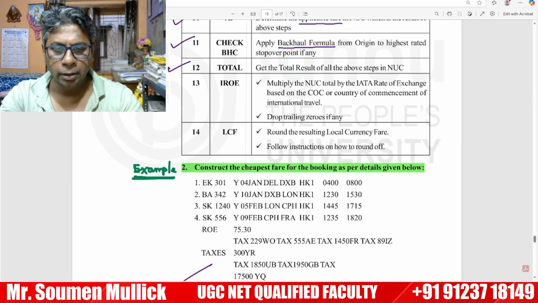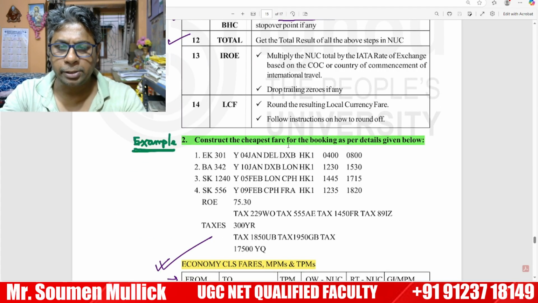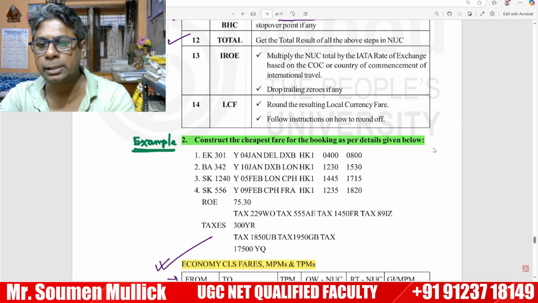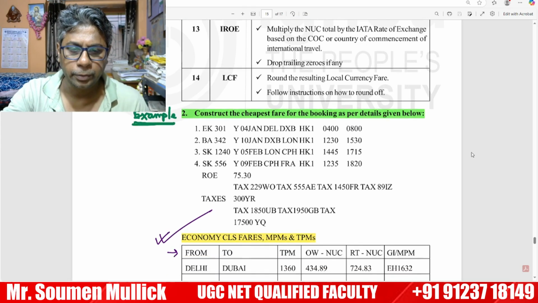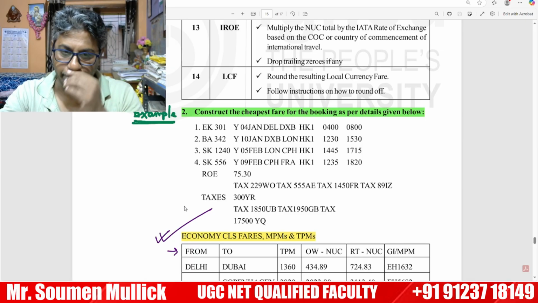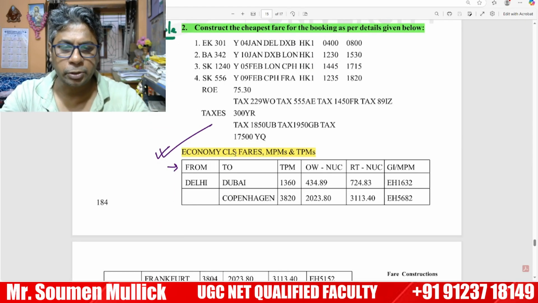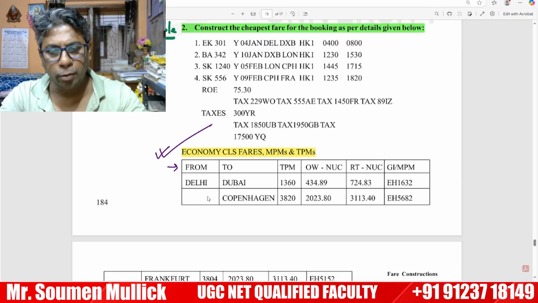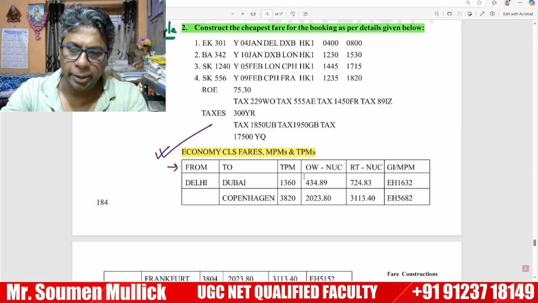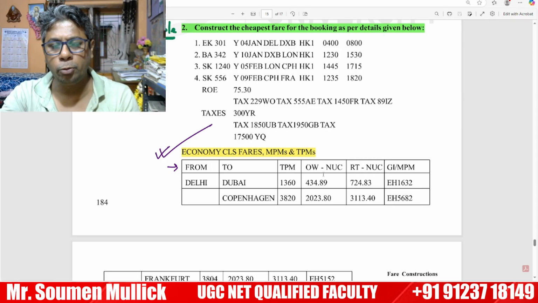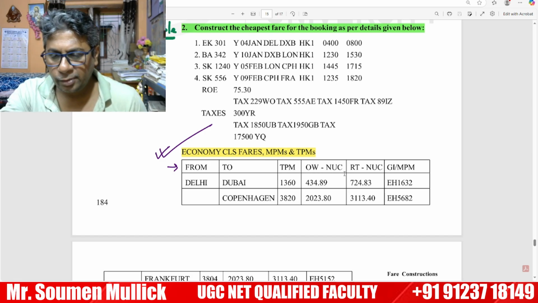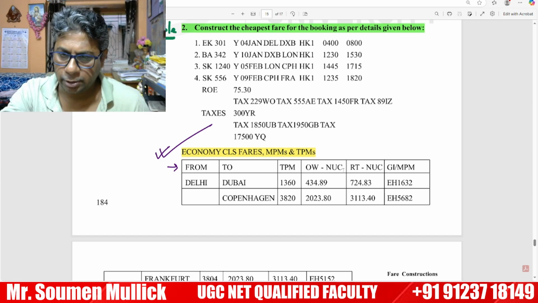As an example, construct the cheapest fare for the booking as per the details given below. These are the examples. So economy class fare, MPM and TPM, from Delhi to Dubai. TPM, ticket point mileage, one way. OW means one way. NUC means neutral unit construction.